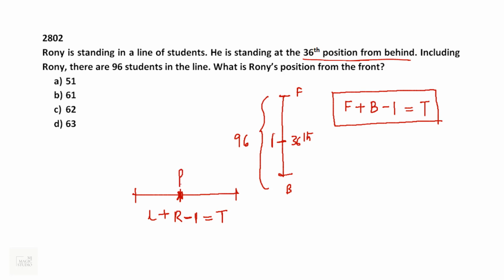Here we are looking out for Ronnie's position. Position from the front is F, from behind is 36, minus 1 equals 96. F equals 96 minus 36, which is 60, plus 1, that is 61. He is at the 61st position from the front. Option B fits in.